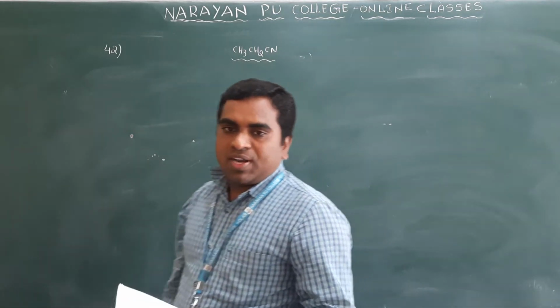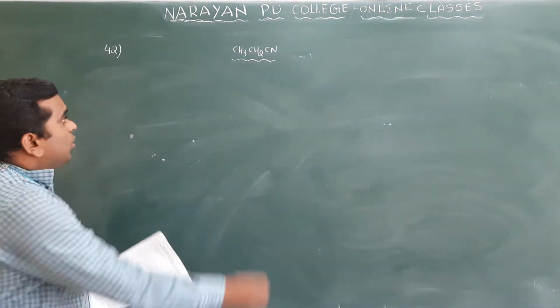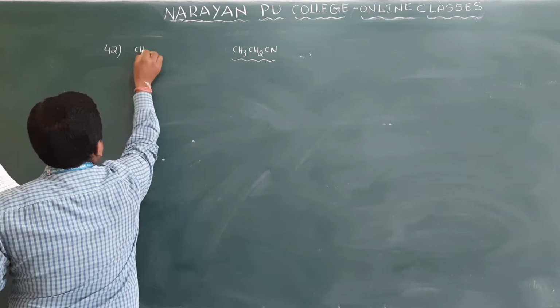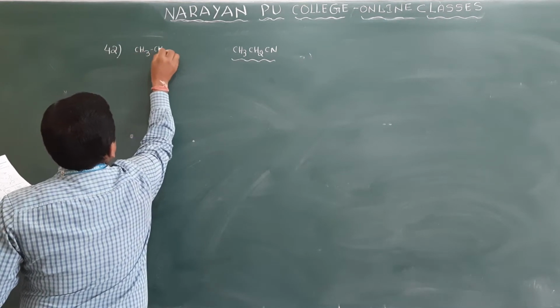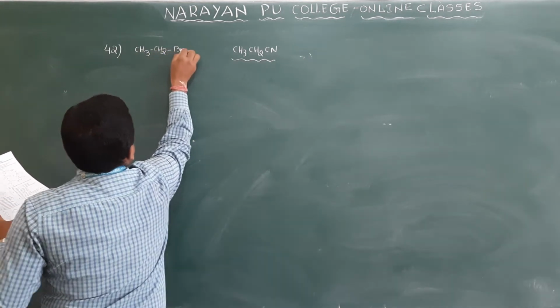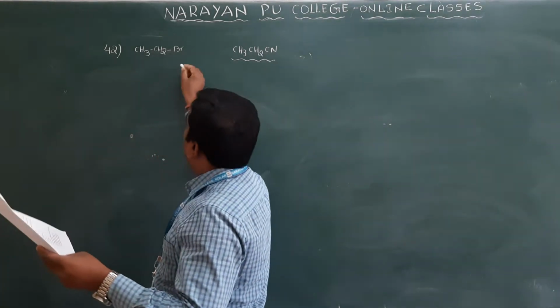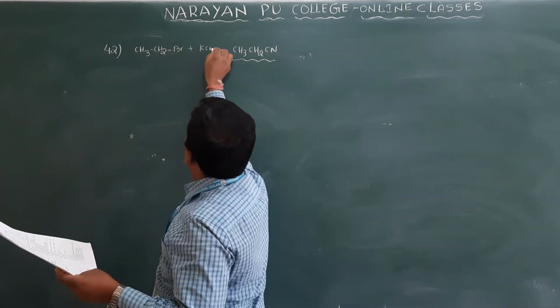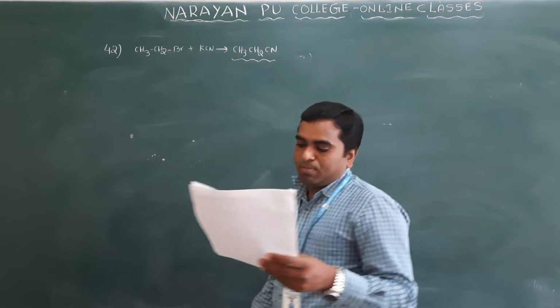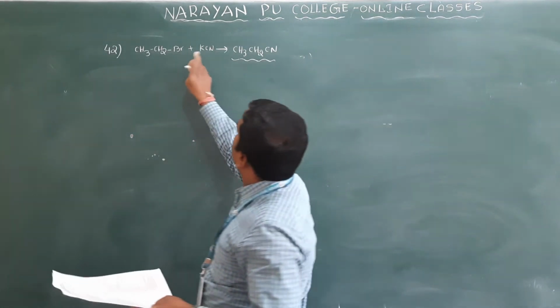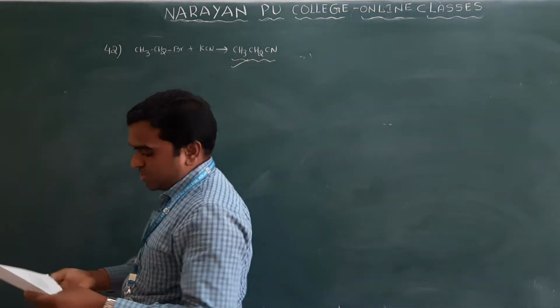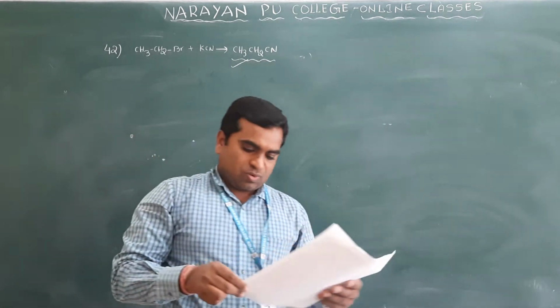Clear? Direct reaction here. You have to take CH3CH2Br or Cl with alcoholic KCN. Then bromine will be substituted and you will get the CN. So option 1 is the correct one. Clear?